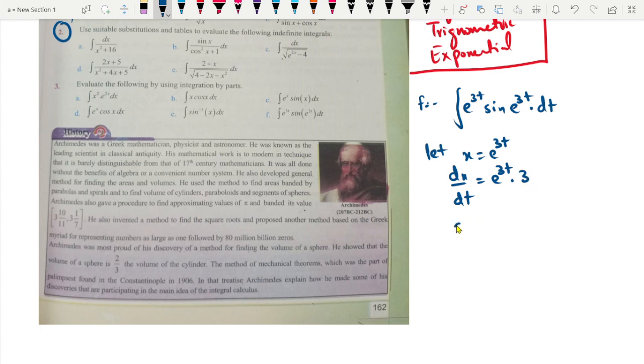So dx is equal to e power 3t times 3 dt. So this is x, so dx is equal to 3x dt.